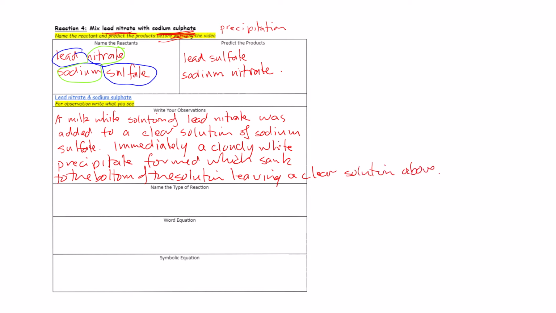Okay, and the name of the reaction, of course, is precipitation. Do make sure you write neater in the exam than I've been able to write on my computer here.